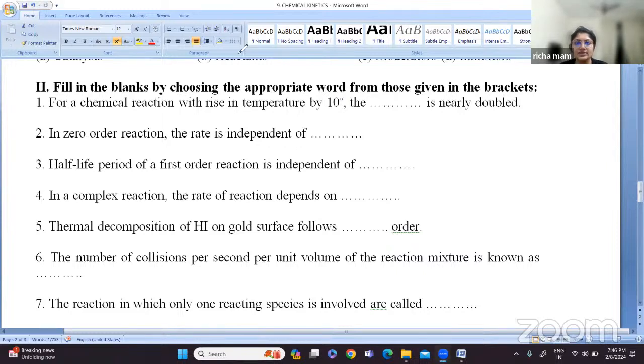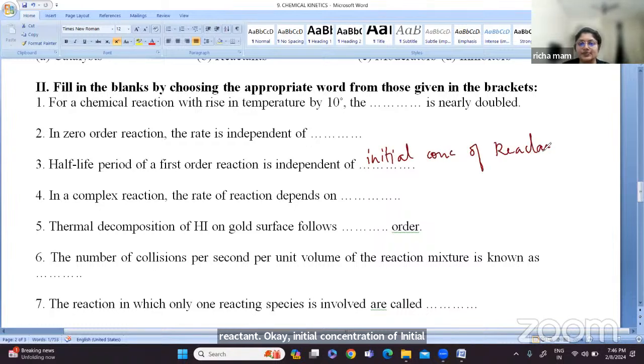Okay, Vedvati has answered initial concentration. Yes, initial concentration of reactant. Okay. Next question.